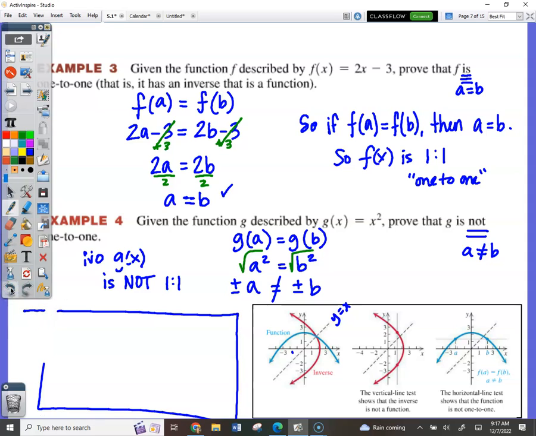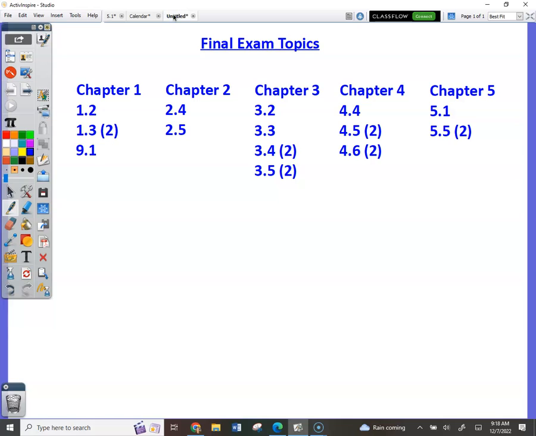Let's write this, and hopefully my board writes it all. Okay, I know what I'm going to do. I'm going to just write it on the whiteboard. Oh, there we go. I'll write it right here.